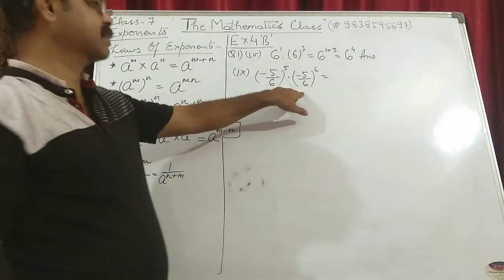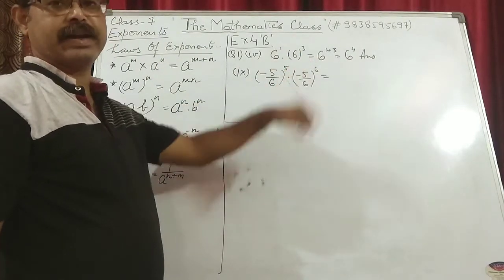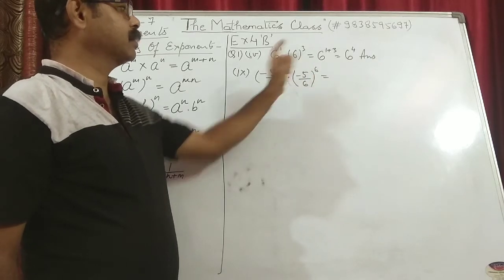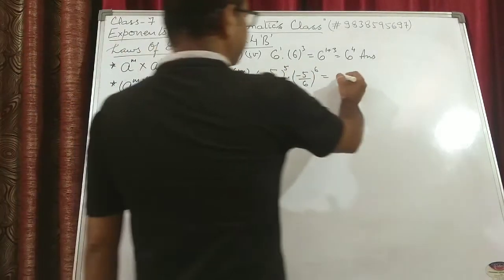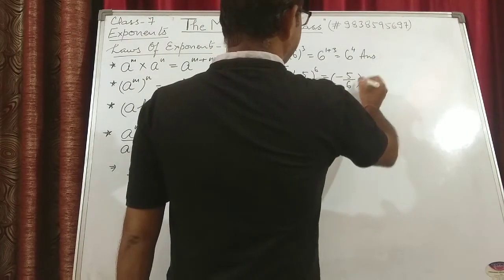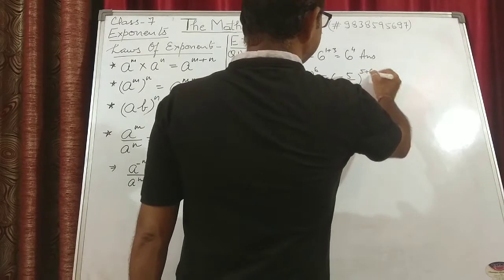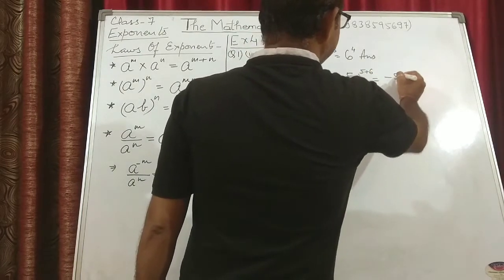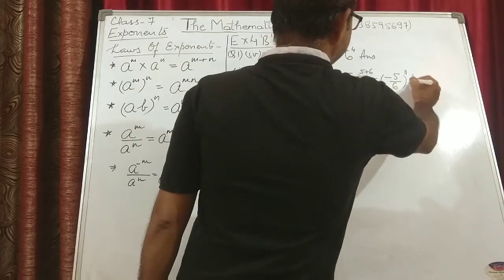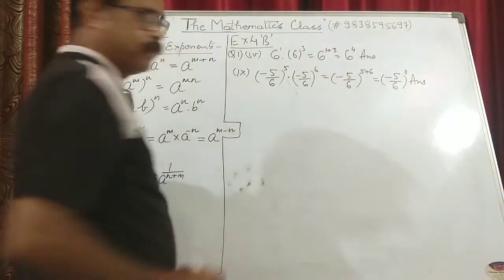So when the bases are same and powers are different and they are multiplied among each other, so what happens? These powers get added. So simply it can be minus 5 upon 6 to the power 5 plus 6, that is 11. So minus 5 upon 6 to the power 11, that is the final value.